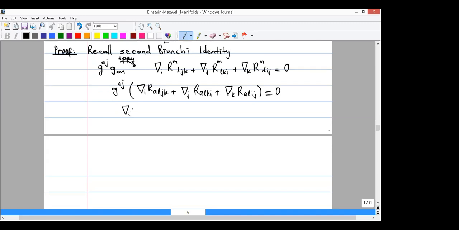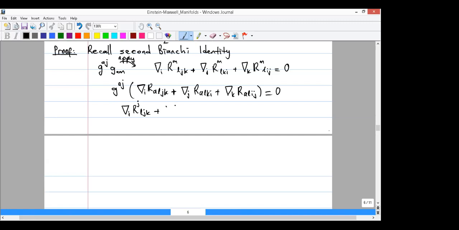Then what happens? It raises this a index back to here. And here it also applies to the index of the covariant derivative.